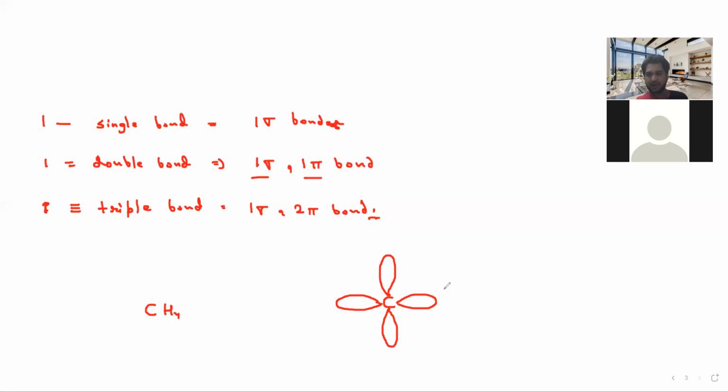Four hydrogens are coming, and you know the main structure is like this, methane, CH4. Now, if I draw the orbital structure of that, you will see hydrogen has only s, and for the s orbital we have the spherical orbital like this. So s orbitals are coming like this.